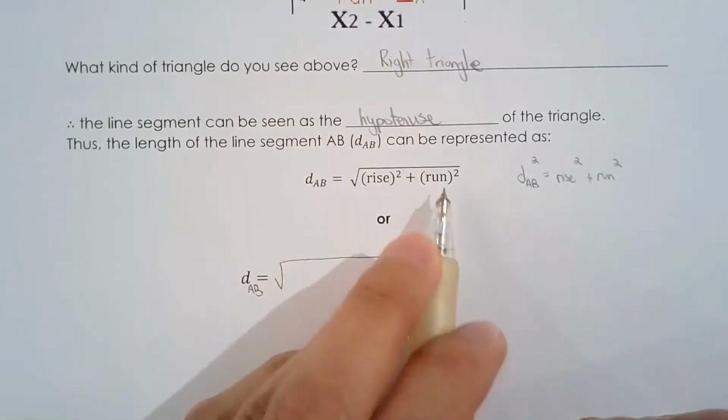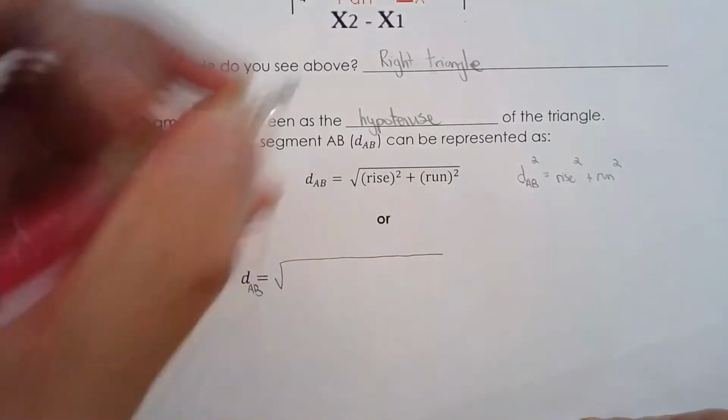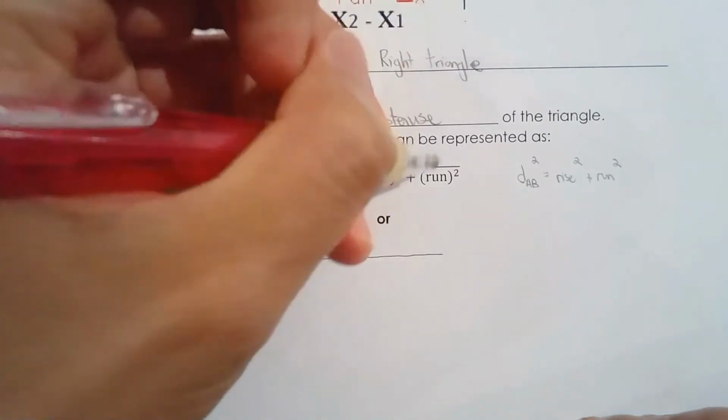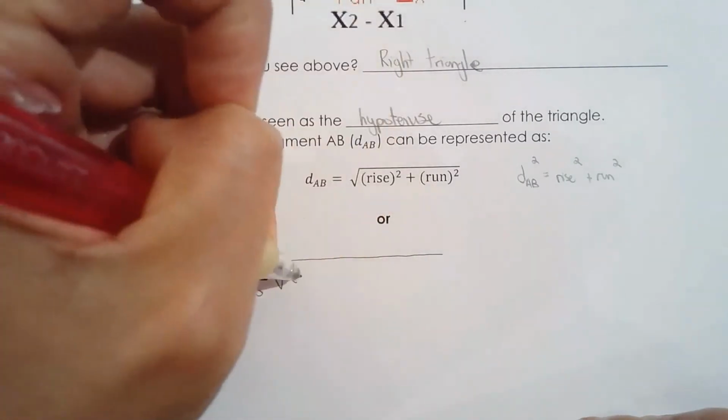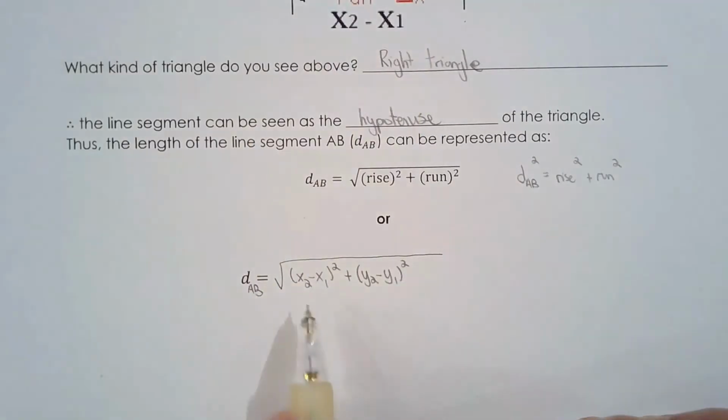I'm going to write run squared plus rise squared instead of rise squared plus run squared, because I think most students like to see the x's first and then the y. So the run is x sub 2 minus x sub 1. And what is the rise? y sub 2 minus y sub 1. Run squared plus rise squared. These are just the legs of the right triangle.